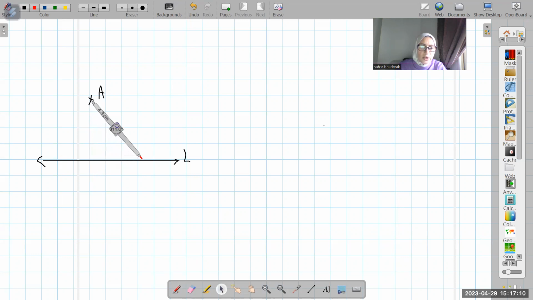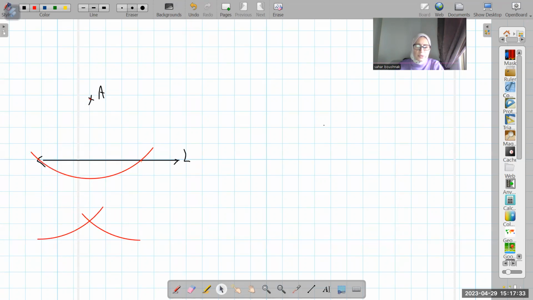Then I'll draw a small arc that cuts this line in two points. And with the same length of the compass, I will go to the first intersecting point and draw an arc from below. From the other side also, with the same length, I will draw another arc that cuts the first one at a point.